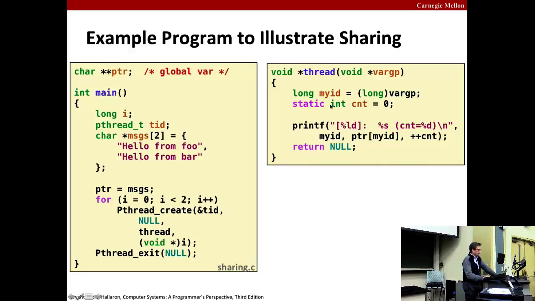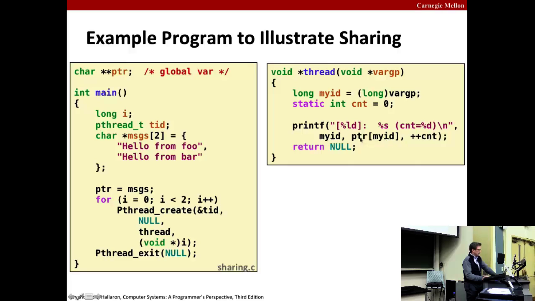Now, the thread routine dereferences its argument to get the local thread ID, and then it declares a static variable count that we're going to use to count how many times this thread routine is called. Then it prints a simple message giving the local thread ID and the message indexed by my ID.